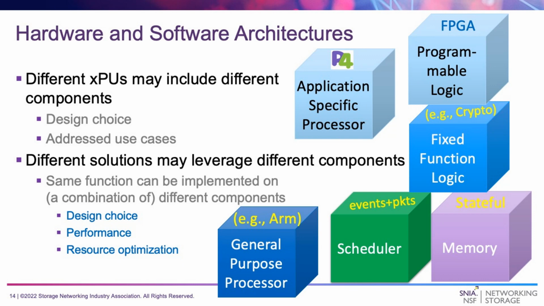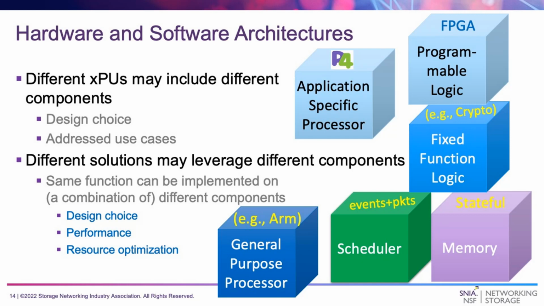But the interesting thing is that when we want to offload network functionalities, we may leverage different components, a subset of these components. And the other interesting observation is that even when we are thinking of a specific functionality, let's say TCP offload, we can decide to implement it in different ways. We could, for example, implement it fully in a general purpose processor or fully in programmable logic or in a combination of a general purpose processor and an application specific processor.